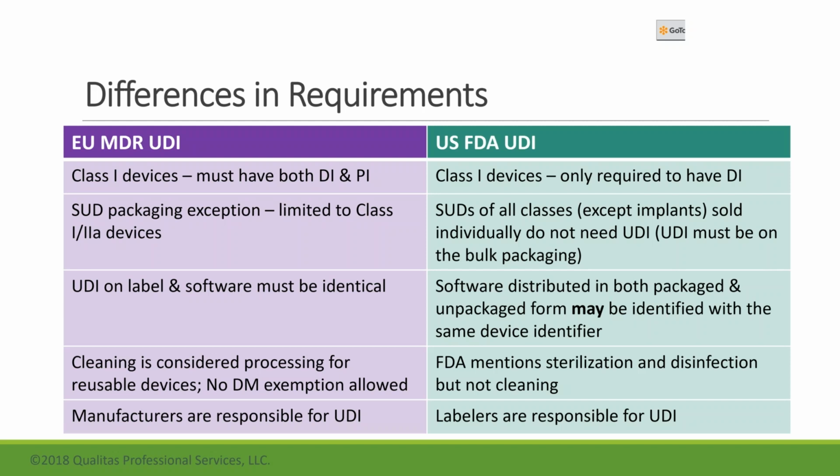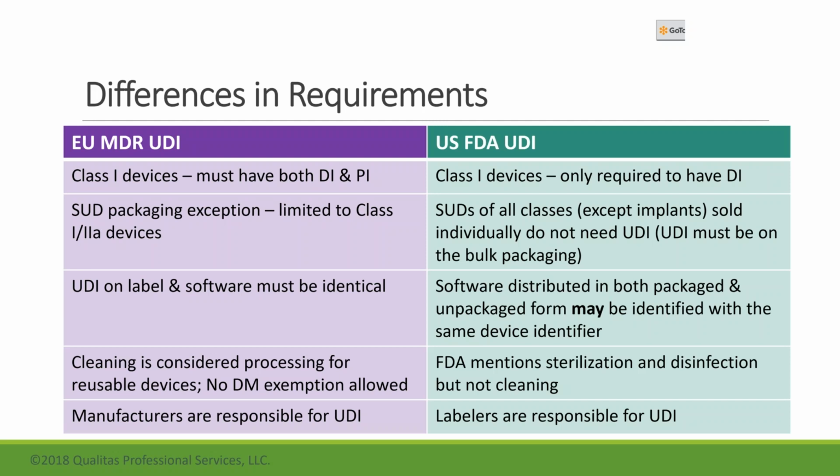So if you are trying to build a sustainable UDI system, and you don't have the PIs assigned to your Class 1 devices in the US, you may want to consider adding that as a part of your EU UDI initiative to help streamline your labeling processes.